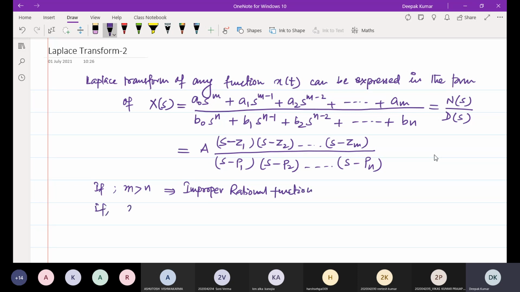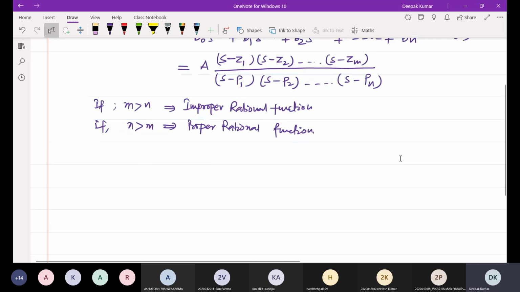If n is greater than m, then this rational function, x of s, is a proper rational function.